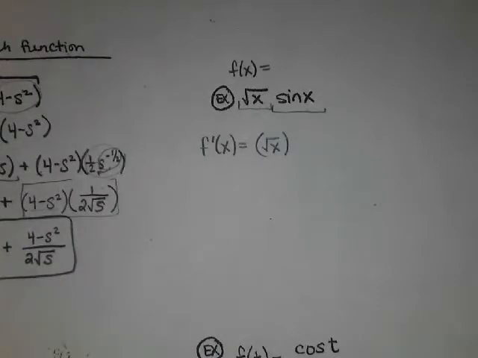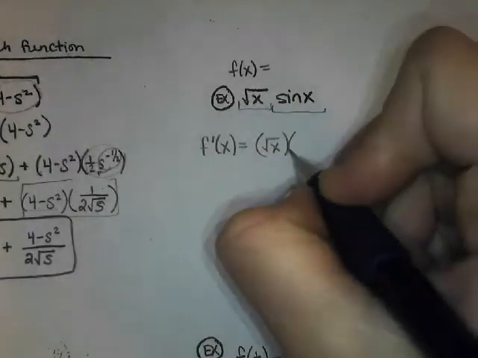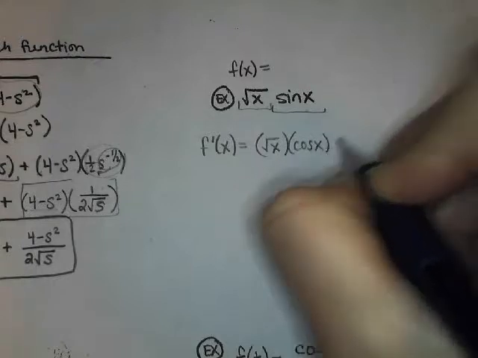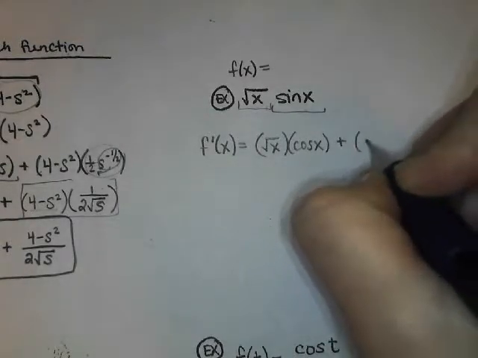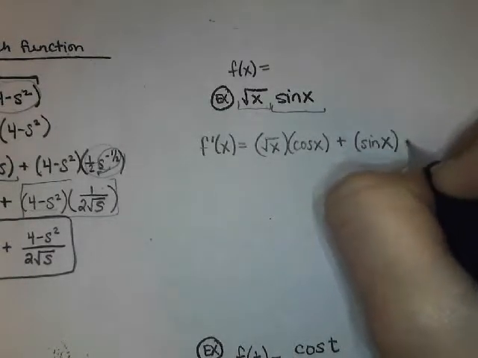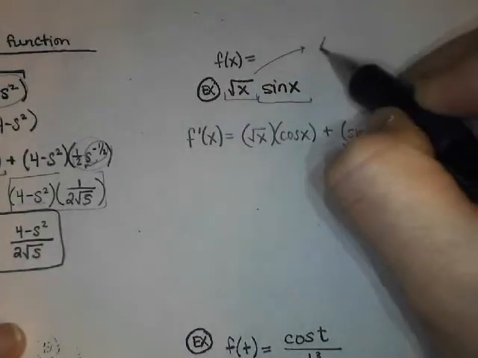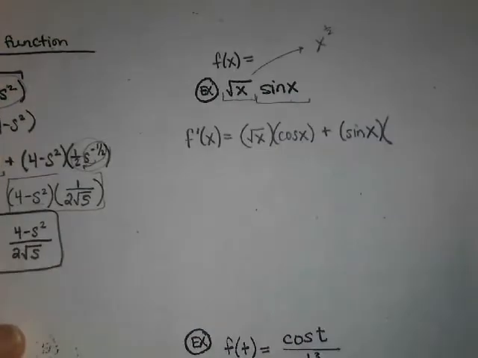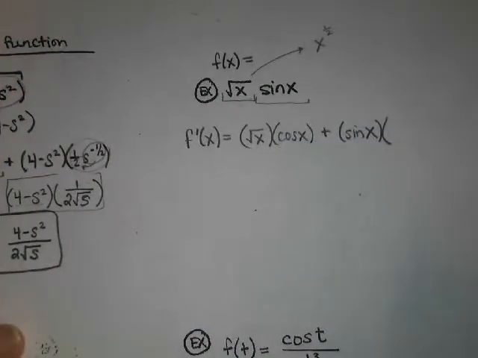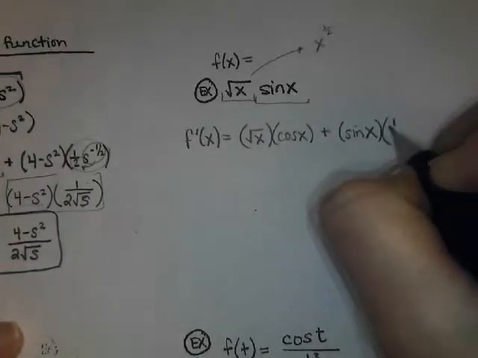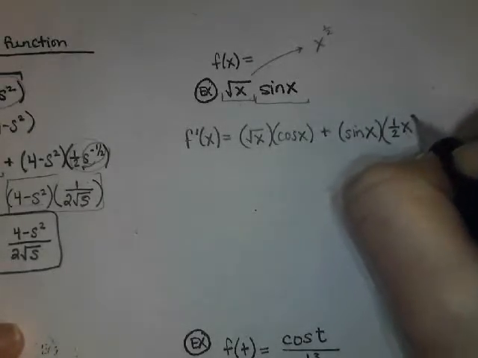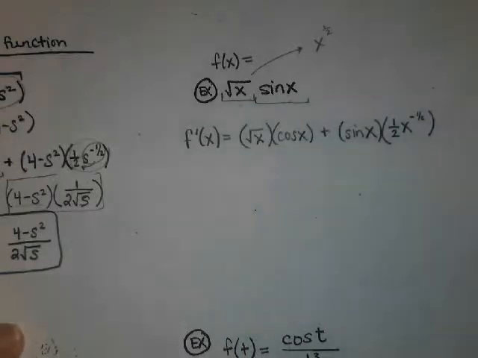What is the derivative of sine? Cosine. Plus the second function, the sine x, times the derivative of the first. And again, if you want to rewrite that as x to the 1/2 power, that can sometimes make it easier to come up with a derivative. Bring your 1/2 out in front, x to the negative 1/2. Then we clean up.